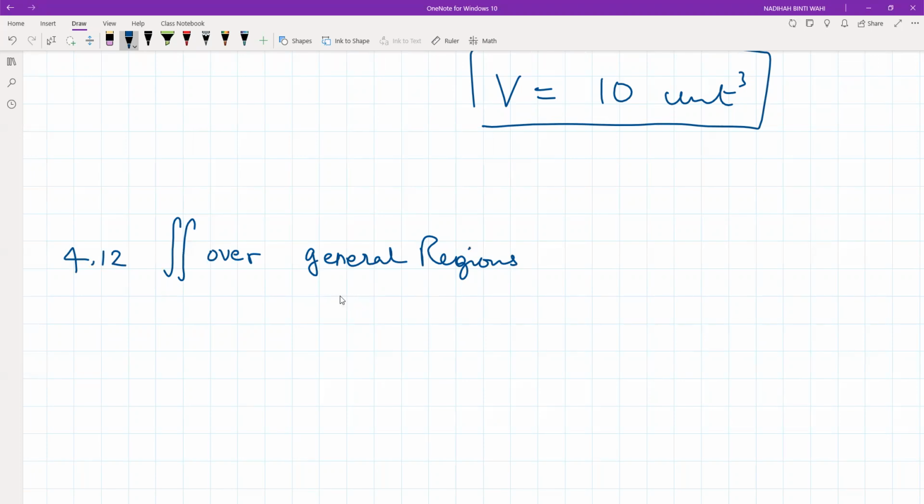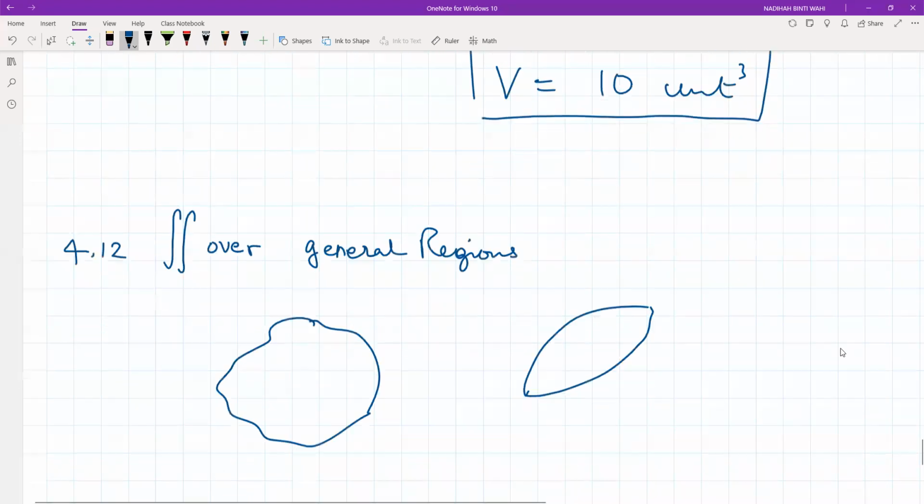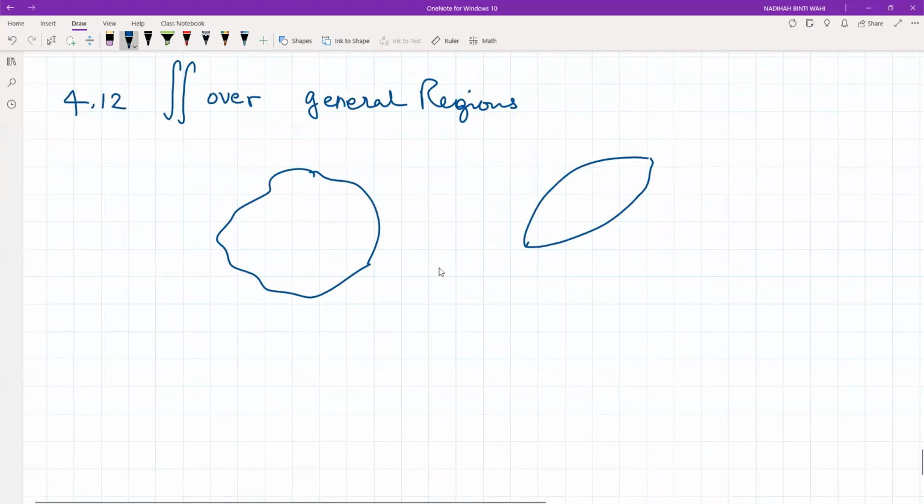Apa maksud general regions? Maksudnya dia tidak semestinya rectangular. It might be something like this. Ataupun something like this. Or what?